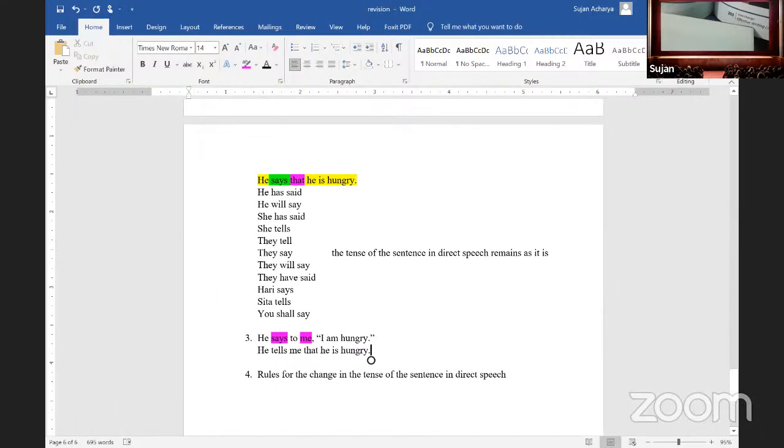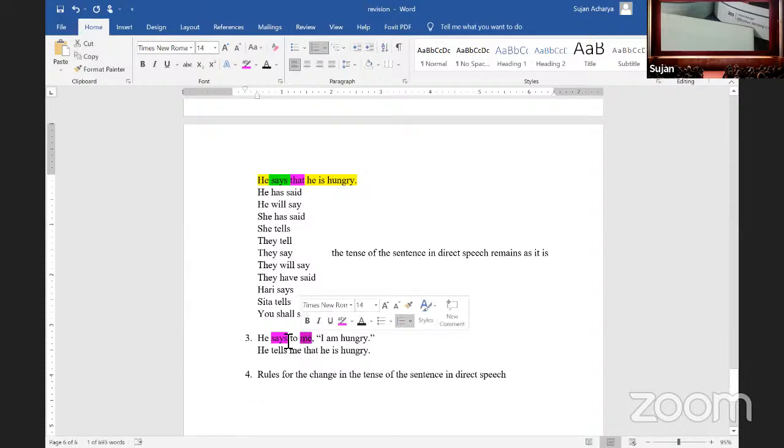Like if the reporting verb is in past tense and is followed by an object, said changes into told. Likewise, if the reporting verb is in present tense and if the reporting verb is says, and if it is followed by an object, this says changes into tells.